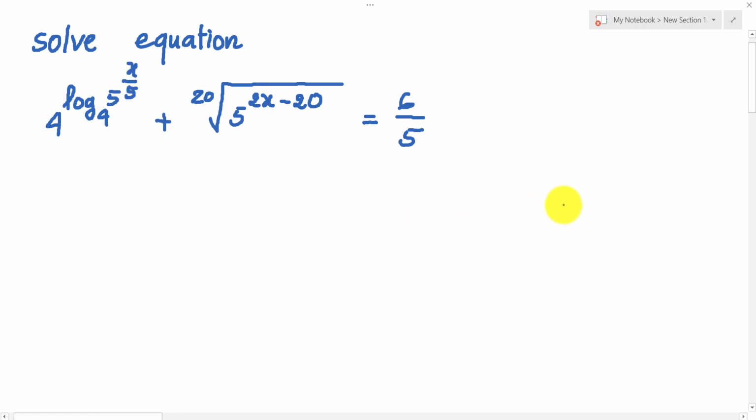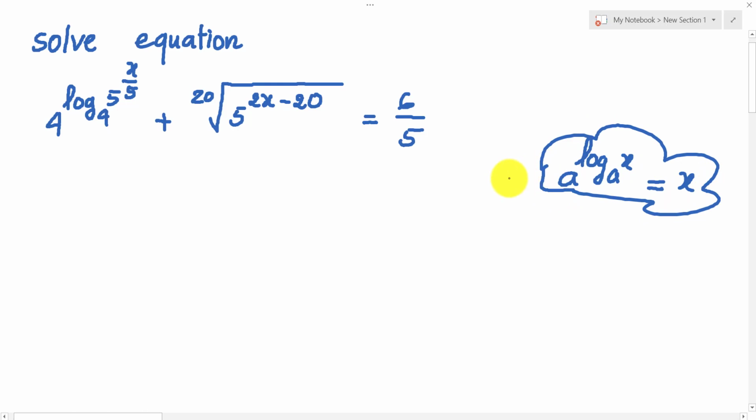We can use the rule a power log base a of x is equal to x. So we can write 5 power x over 5 plus, and for this part we can also use the rule that the nth root of a power m equals a power m over n.